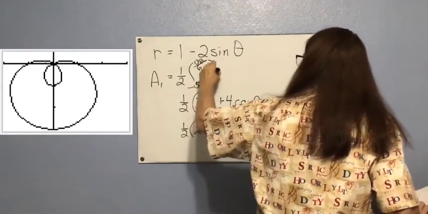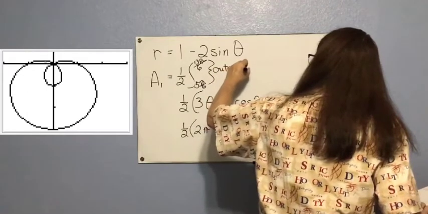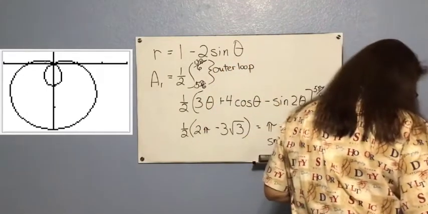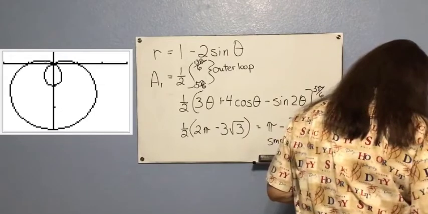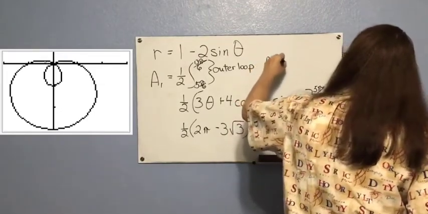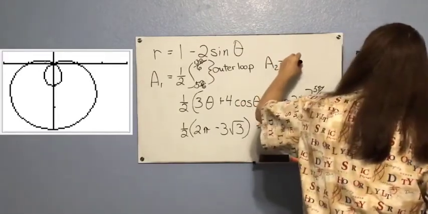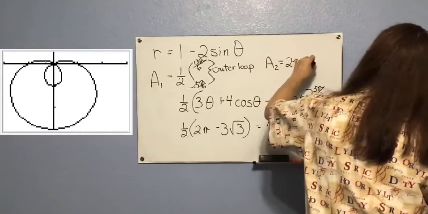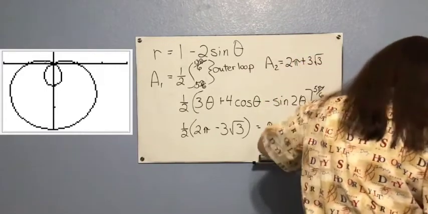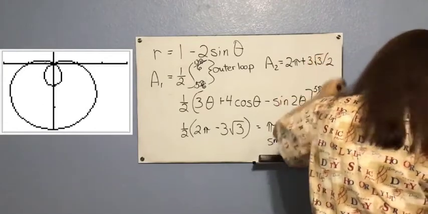So these show me the outer loop, and we'll work through this process again. I see that the second area is 2 pi plus 3 square root of 3 over 2.